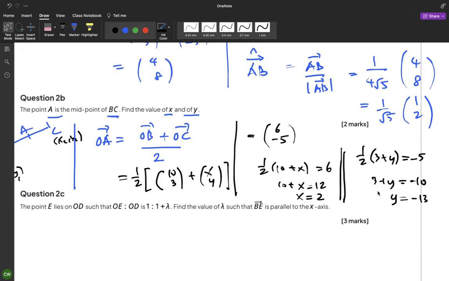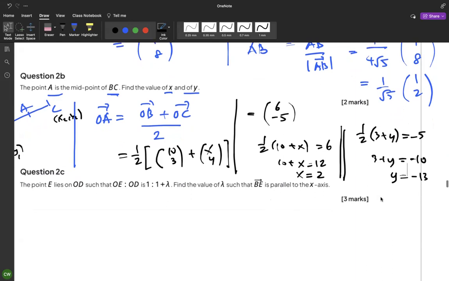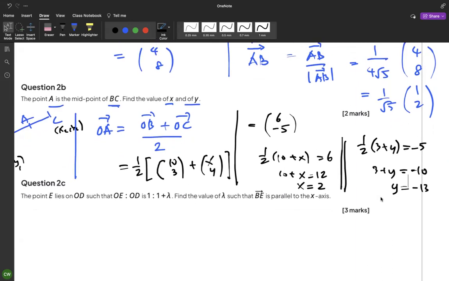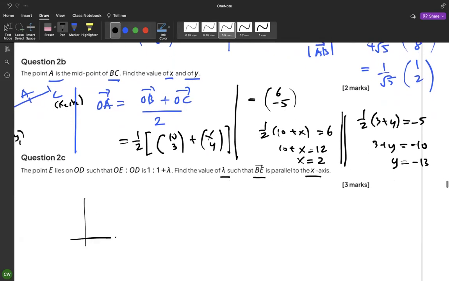Okay. How about the next one? E lies on OD in this ratio. Find the value of lambda if PE is parallel to the x axis. What's the meaning of parallel to the x axis? The x-axis is here.